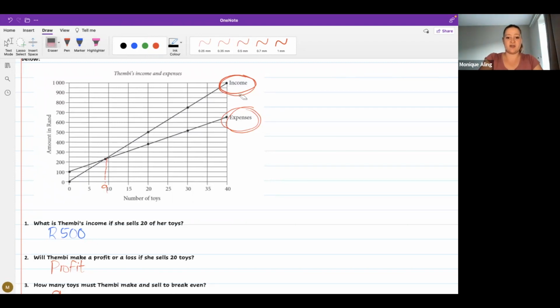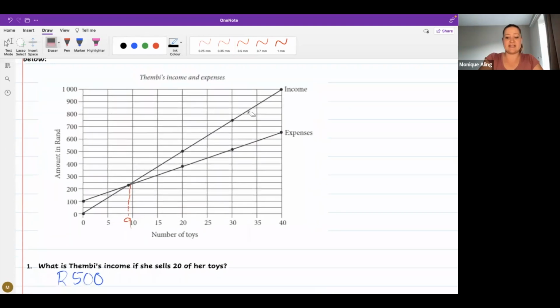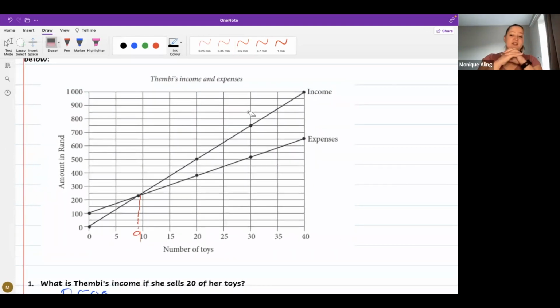So I'm just going to zoom into the graph so you can see clearly what is the profit that she'll make if she sells 40 toys. What profit will she make if she sells 40 toys? Keep your answers off the chat for now. I want everyone to quickly try this. What profit will she make if she sells 40 toys?